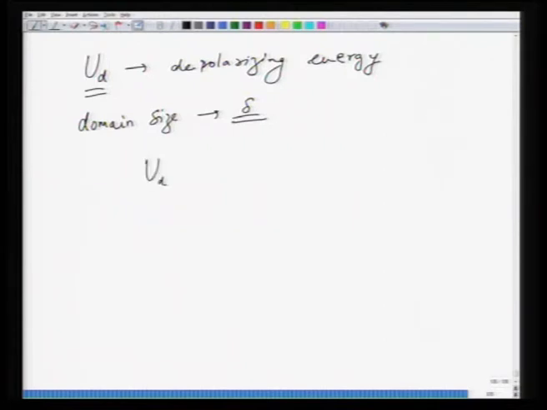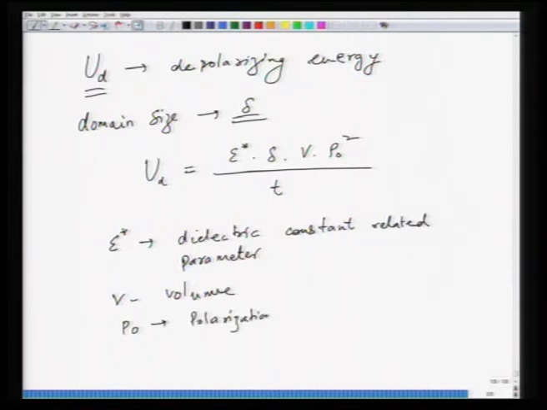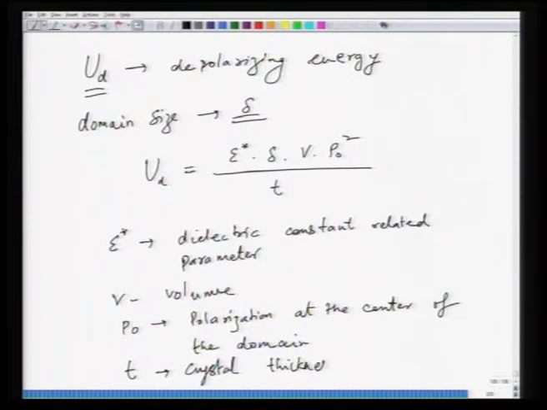So, this UD is given as epsilon star delta V P naught square divided by T. Here epsilon star is a dielectric constant related parameter, V is the volume, P naught is the polarization at the center of the domain, and T is the crystal thickness. So, this is your depolarizing energy term.